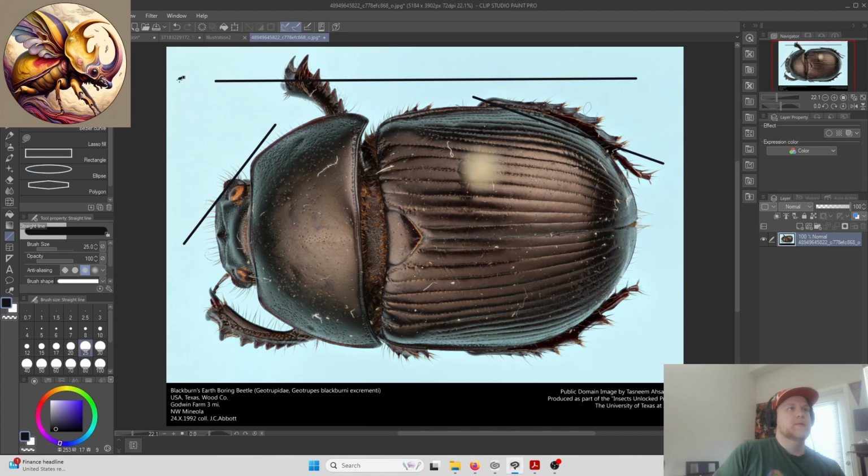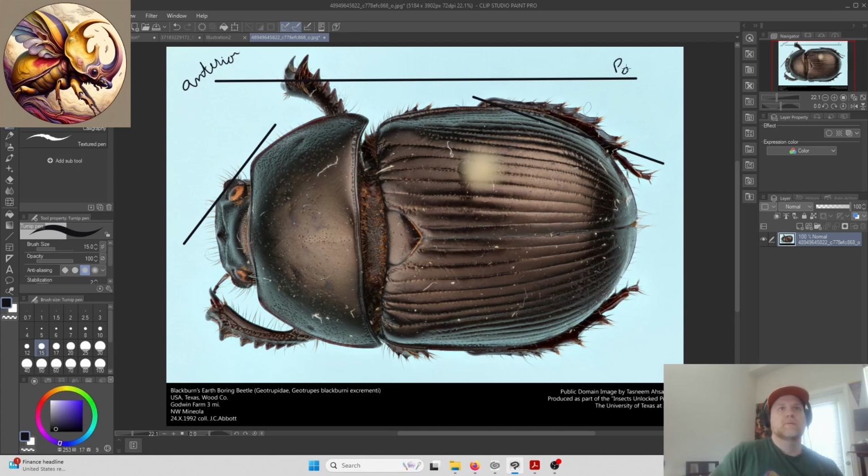So again, this is the anterior portion. This is the posterior.